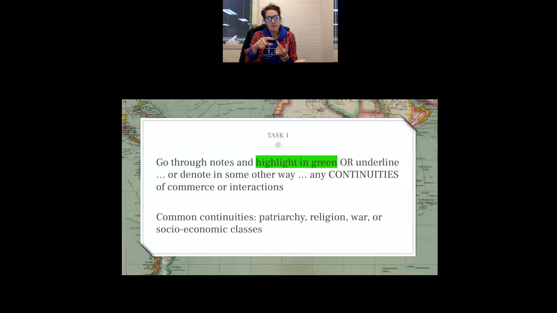It doesn't necessarily fall in lines of terms of commerce, and we'll talk more about interactions and maybe one that might fit better for that. But again, Christianity for this prompt doesn't work because it's asking for commerce and interactions in terms of different groups moving. That's the cultural piece that follows it.